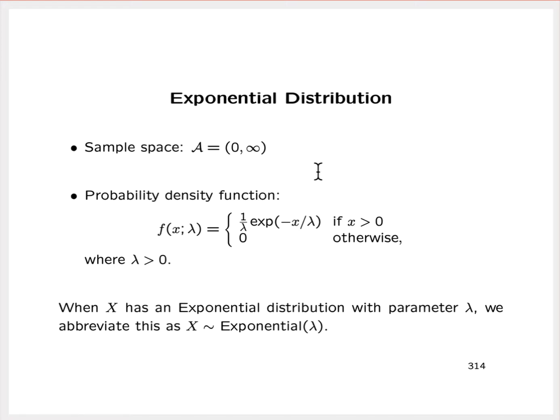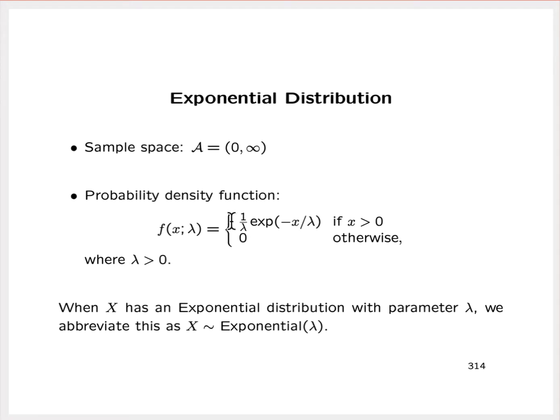The probability density function for the general exponential distribution is as follows. For values of x that are greater than 0, in other words, for values of x in the sample space of this type of random variable, the expression for the PDF is 1 over lambda times e raised to the negative x over lambda, where lambda is a parameter for this distribution, and it has to be a positive real number.